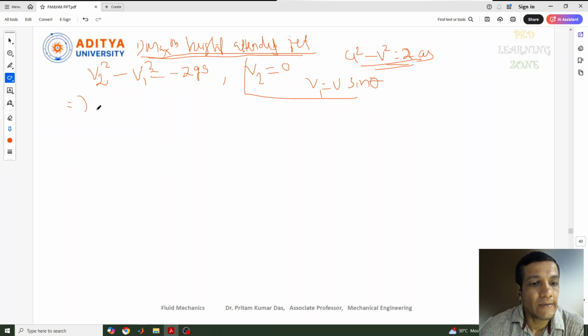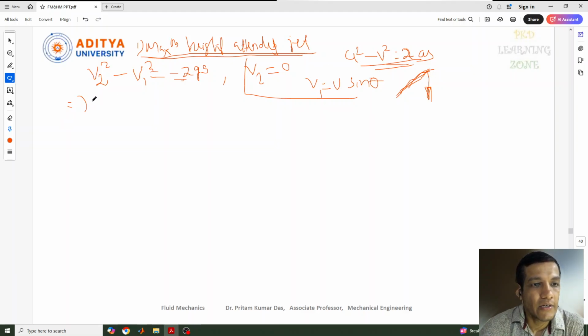So what will we get here? And this negative sign, as I told you, is due to the gravity which always acts downward. The fluid is supposed to move up, but the fluid has some weight, and due to the effect of gravity, it's trying to go vertically downward. That's why I have taken this negative term here.